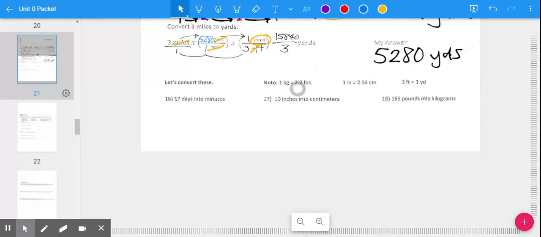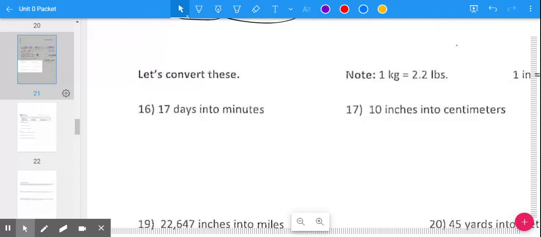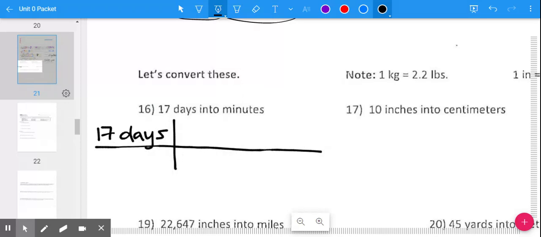When we come down here, 17 days into minutes, our given information is 17 days. So that's where we start. I always set mine up as a table instead of the fractions because it works better for me. Now I have days at the top, so days has to go to the bottom.